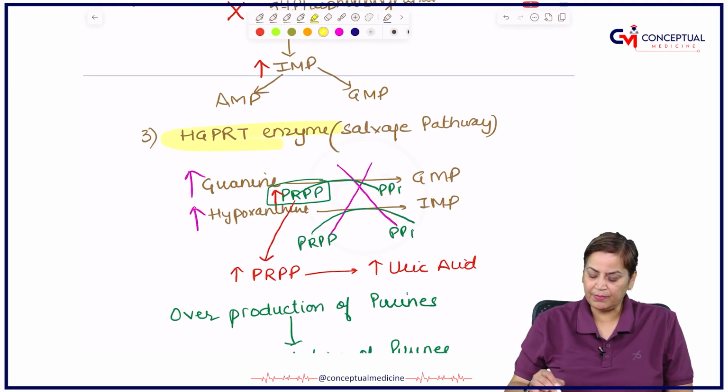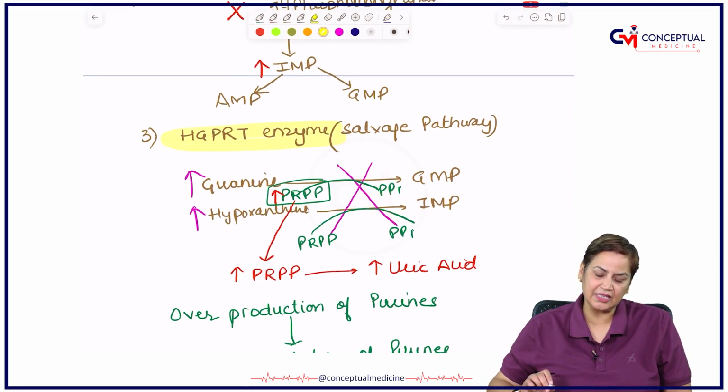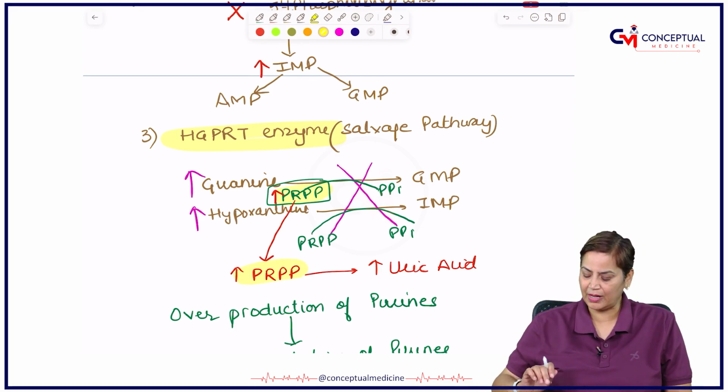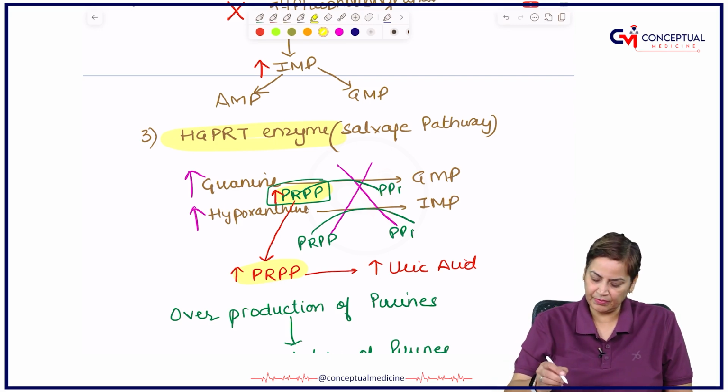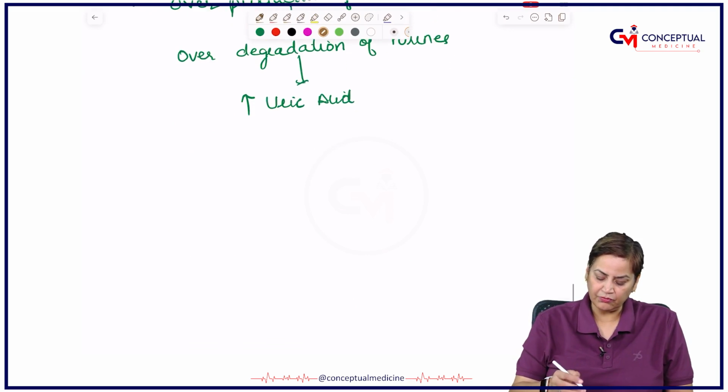Similarly, if there is HGPRT enzyme deficiency, which is a very important enzyme of the salvage pathway, there will be increased concentration of PRPP, which will be diverted via the de novo pathway, forming more uric acid. Then comes the fourth one, glucose 6-phosphatase deficiency.